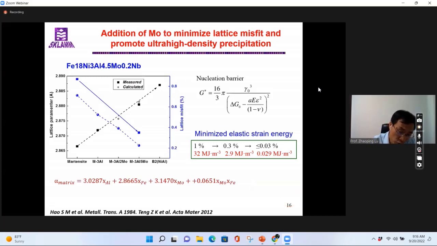It has a large atom size, so it increases the lattice parameter of the matrix and reduces the lattice parameter difference between the precipitate and the matrix. So with the increase of molybdenum, you reduce the elastic strain energy as well as the lattice misfit.